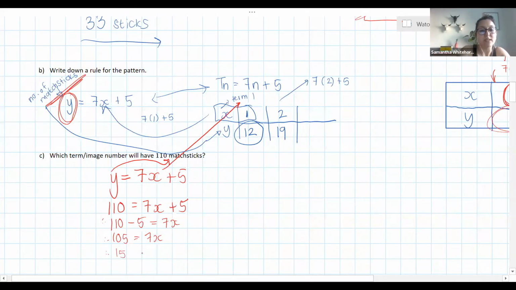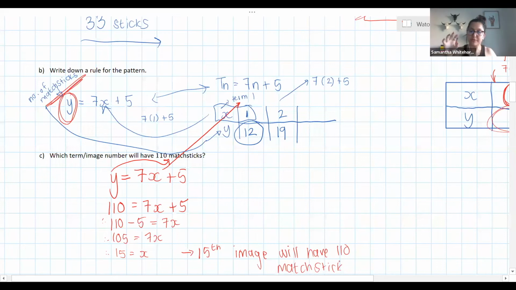And so what this tells me is that the 15th image will have 110 matchsticks. So if you drew this whole pattern out to the 15th picture, you would be drawing 110 matchsticks.